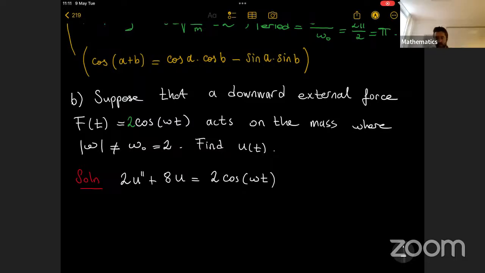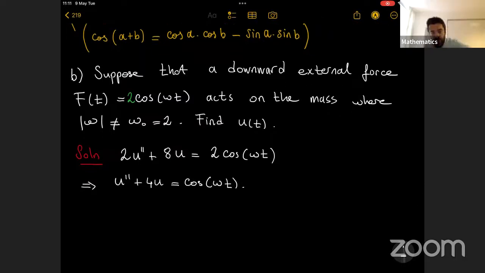We're going to solve this, or you can simplify and write it as u double prime plus 4u is equal to cosine Wt. Here, to solve this, you can follow different ways. I will first solve the homogeneous part and find a particular solution, because the non-homogeneous part is easy to deal with. It's a cosine function, so you can guess the form of the particular solution from this cosine, okay?